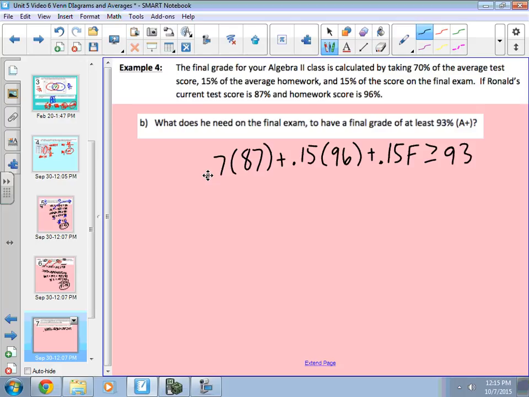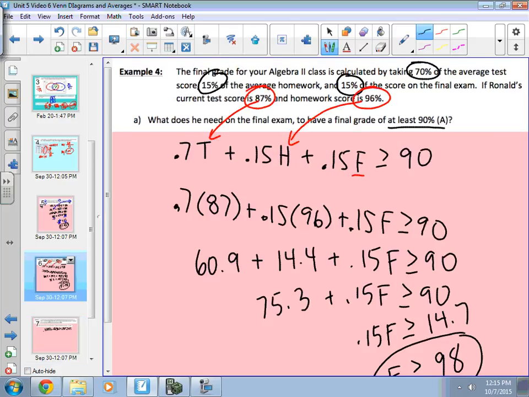If we multiply these together, again, we should get the same thing that we got last time, which equals 75.3.